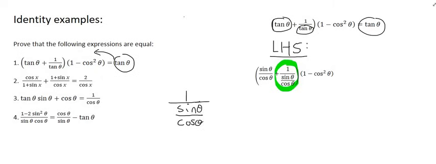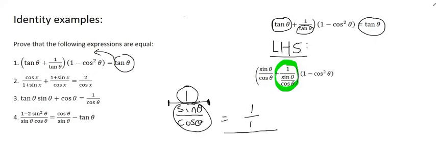What you can do is picture this as a fraction over a fraction. This is the main fraction line, this is your top part, and this whole expression is your bottom part. To turn the top one into a fraction, we can just write it as 1 over 1.